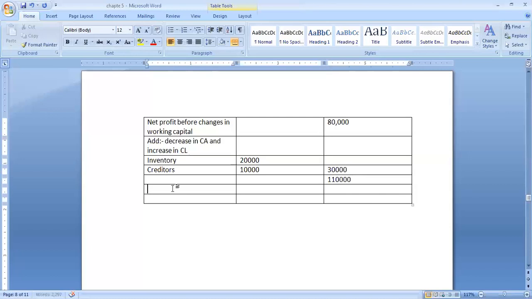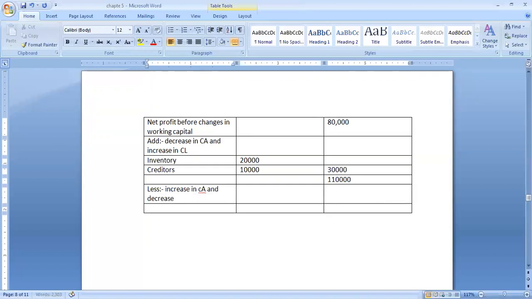Clear? So now take the reduction information, that is increase in current assets and decrease in current liability.